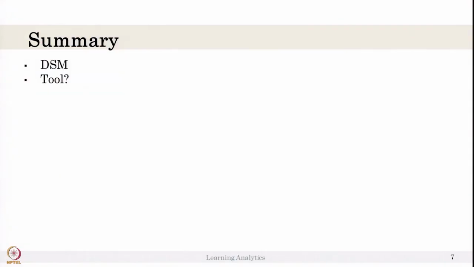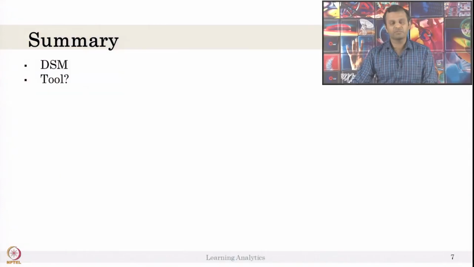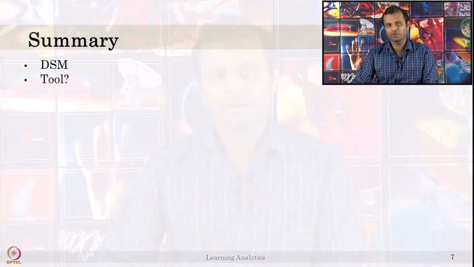Hope you understood what SPM and DSM are from the last 2 videos. We do not give a tool for DSM; instead we give the frequencies, the values. Use those values and compute your own DSM behavior and your own statistical significance test.